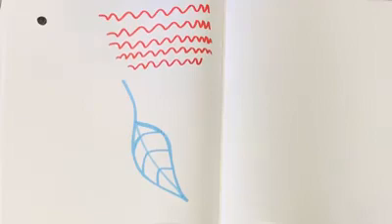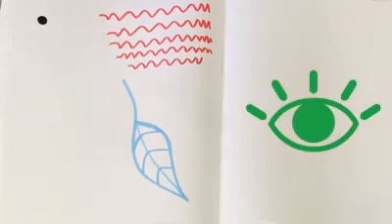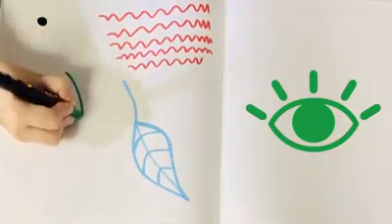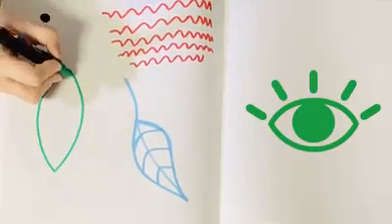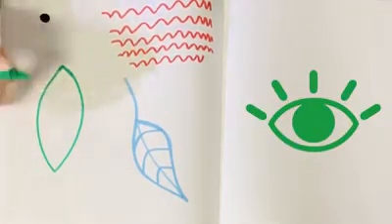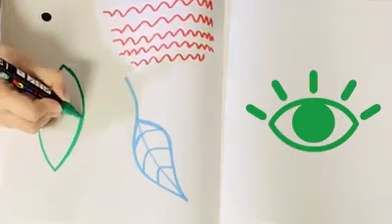Number 4 was synesthesia. Burchfield could see things differently than others. So for me, that symbol is an eye. So I'll take my marker and draw a big eye to symbolize Charles Burchfield's synesthesia.